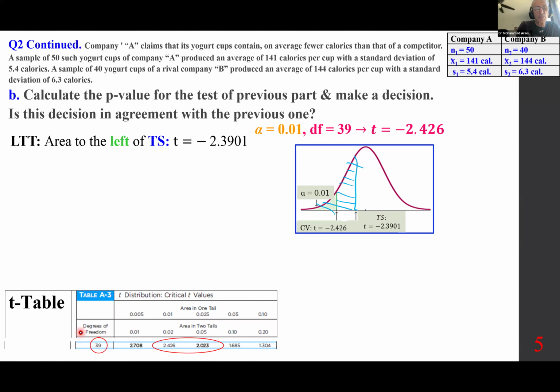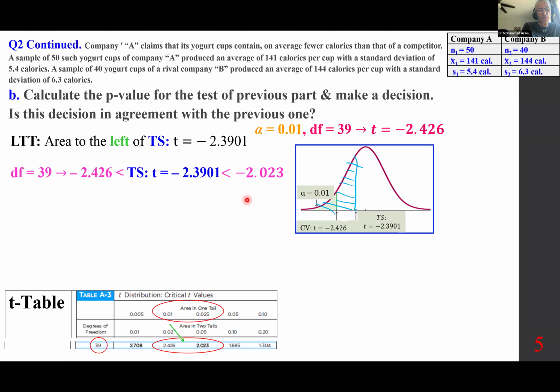So this number doesn't exist, but look, the positive one is between these two. And this is the area in one tail, by the way. If the number we want does not exist, again, a limitation of a table, if you go with technology, it gives you the answer. You are going to say, okay, it's between these two areas. So degrees of freedom is 39. The number that we have is between these two numbers. Of course, this is negative, so we make them negative, okay?